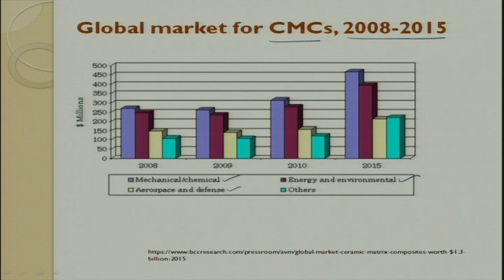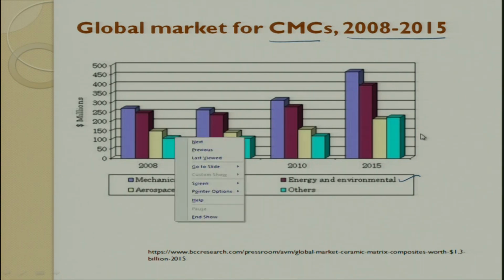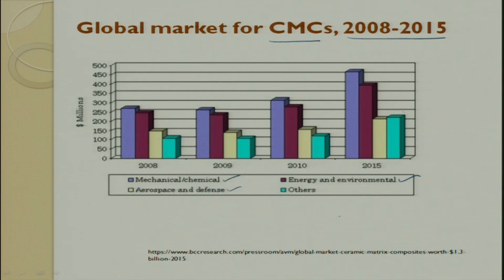You can see slowly, from 2005, from $250 million it has gone to close to $450 million. And this from $100 million has gone to $220 million. So, the other industries also use a lot of ceramic matrix composites.